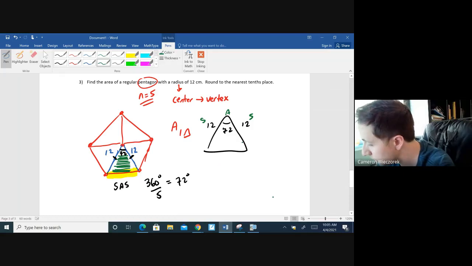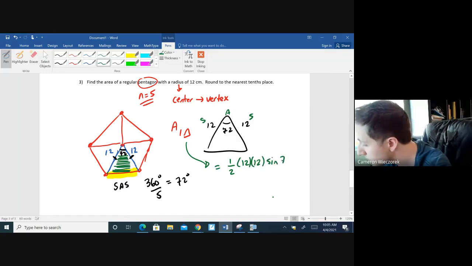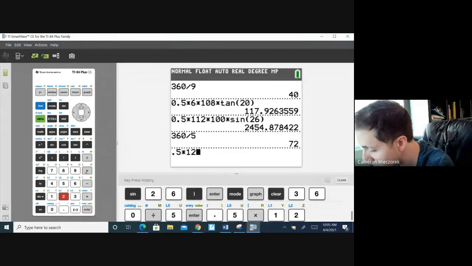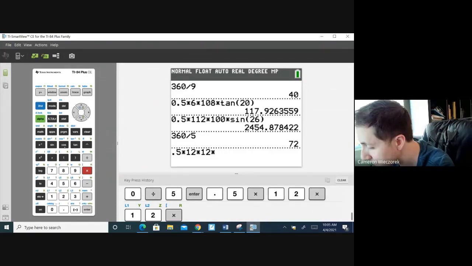So the area of just this one triangle, I'm going to use my formula we did from the last problem. 1/2 the product of the sides, 12 and 12, times the sine of the angle in between is 72 degrees. I'm going to type 0.5 times 12 times 12 times the sine of 72.